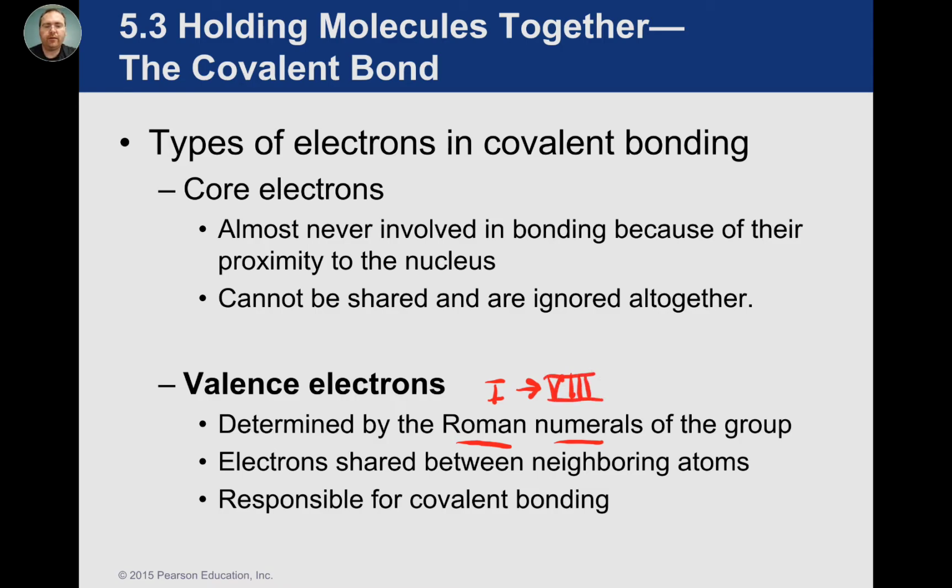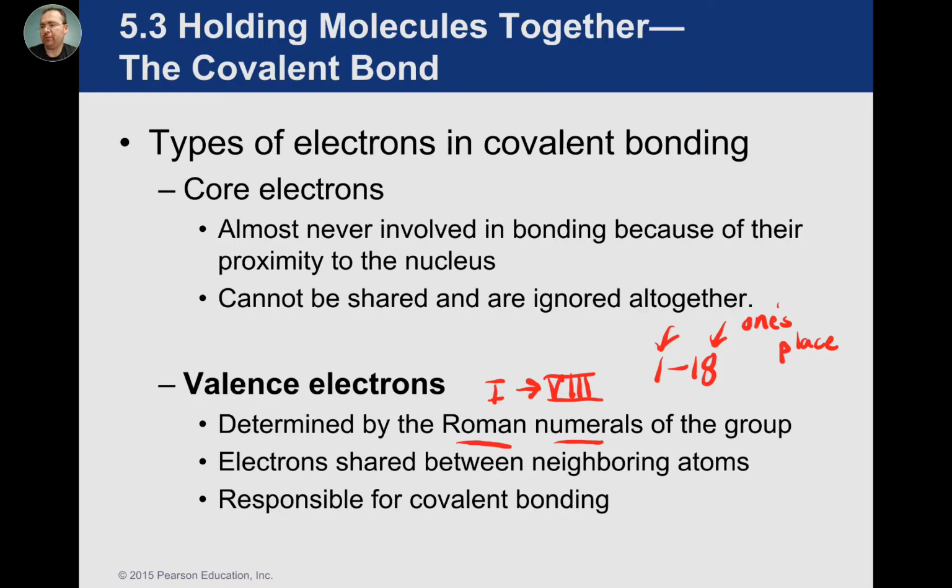Another way to think about it is if you're looking at the numbers 1 through 18, we want to ignore those groups 3 through 12 because those are the transition metals. So even if we look at 1 through 18, if you just look at the ones place, the ones place itself can help us realize that that's really just what the Roman numerals are trying to represent.